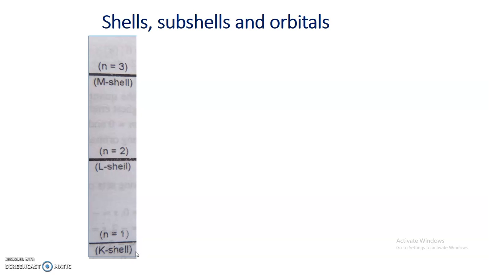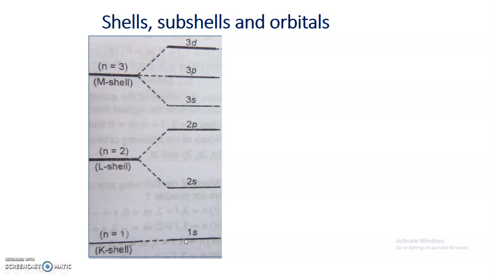In a shell there are n number of subshells. For example, if n is equal to 1, there is only one subshell, that is 1s. When n is equal to 2, there are two subshells, 2s and 2p. And when n is equal to 3, there are three subshells, 3s, 3p and 3d.